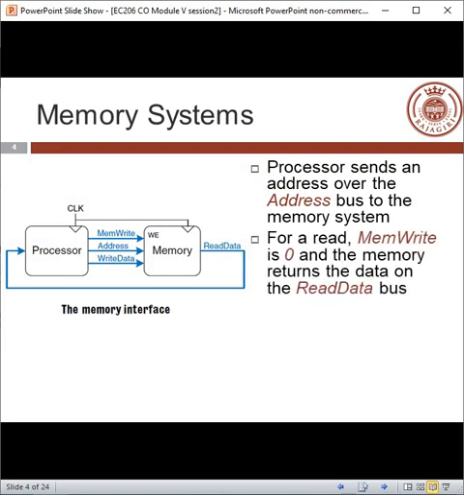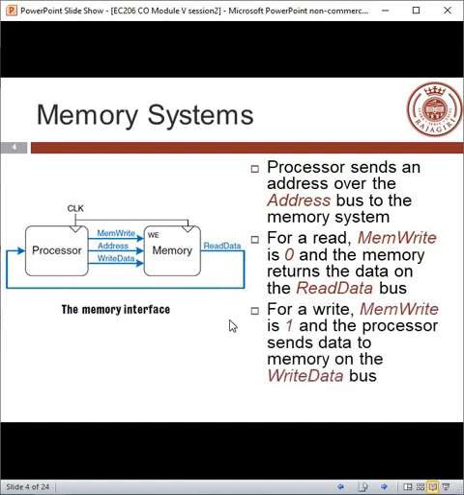For a read operation, the memory write signal should be 0. That is, write enable will be 0, and memory returns the data on the read data bus. If it's a write operation, the memory write signal should be 1, and the processor sends data to the memory on the write data bus.